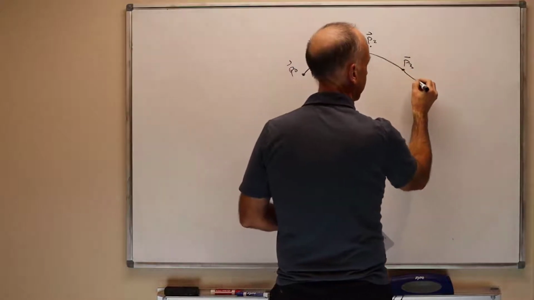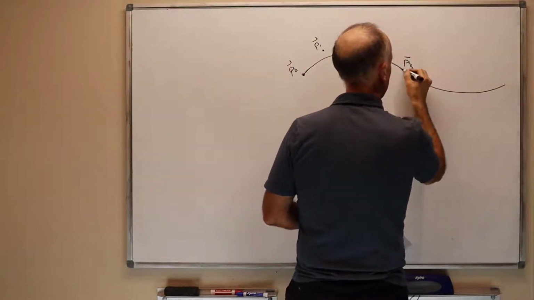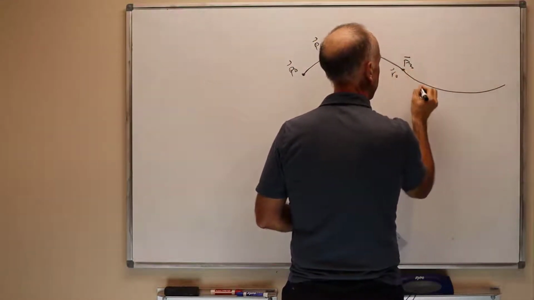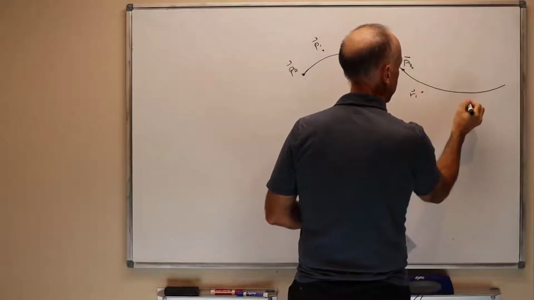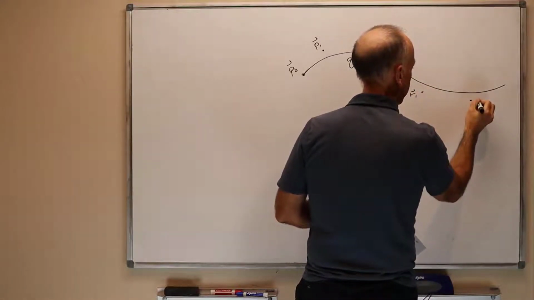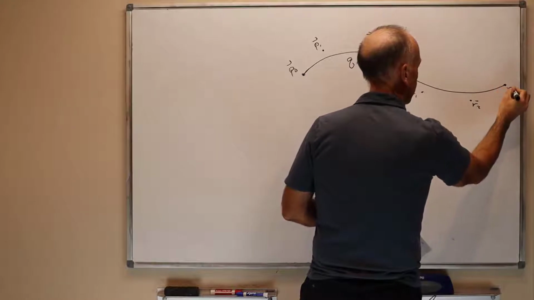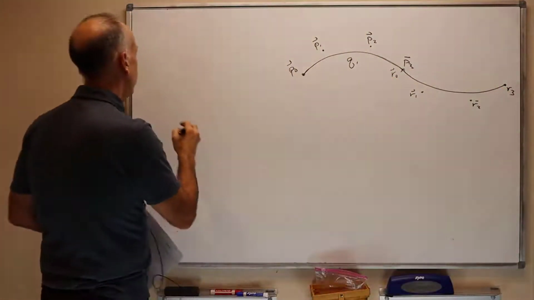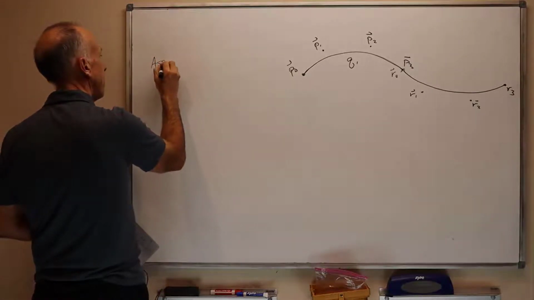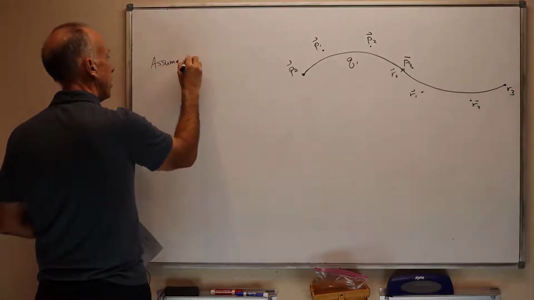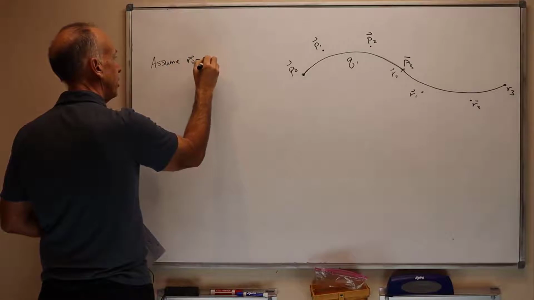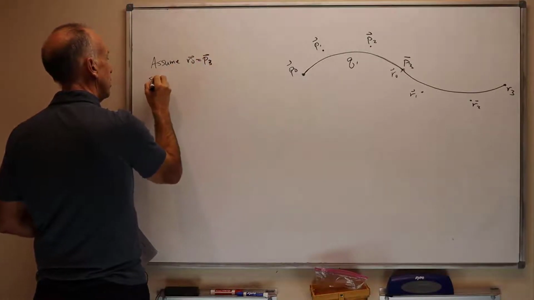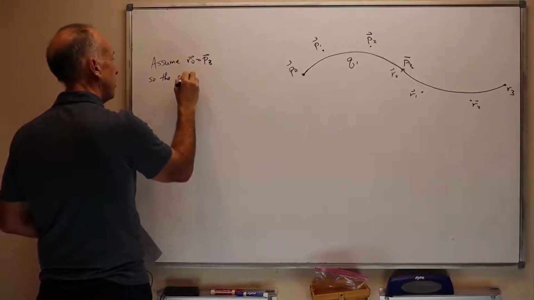And then there's Q2, which has control points R0, R1, R2, and R3. And let's assume that R0 equals P3, so the curve is continuous.